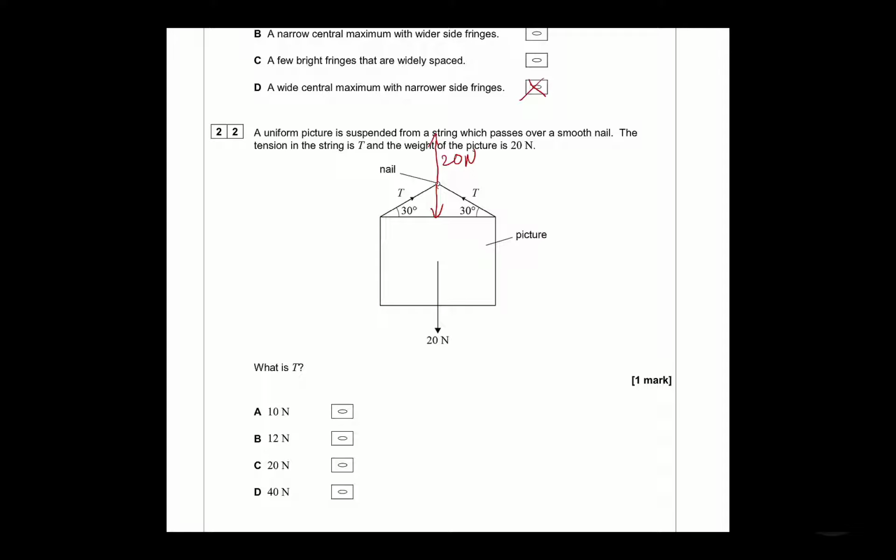And so opposite over hypotenuse, so if I go 10 over T, that is opposite, so that's sine of 30. So T equals 10 divided by sine 30.